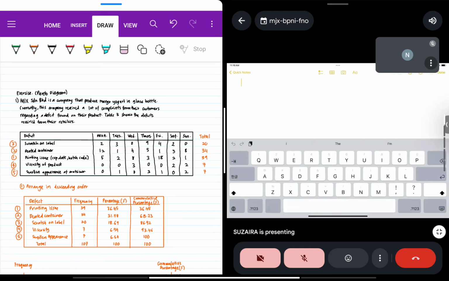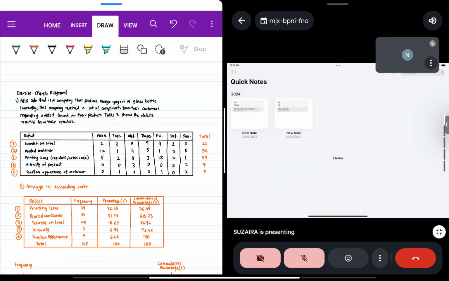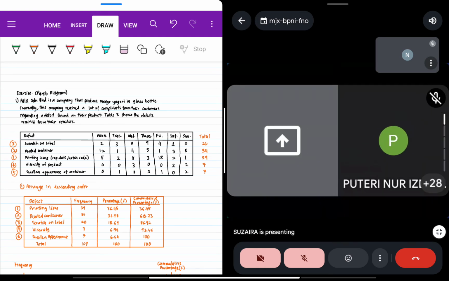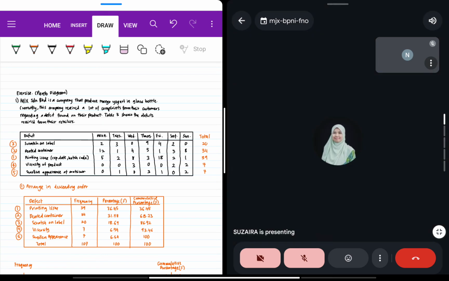Let's see. Okay. So we'll come up with the Pareto diagram. Check ya. Quick notes. Check ya. Check.